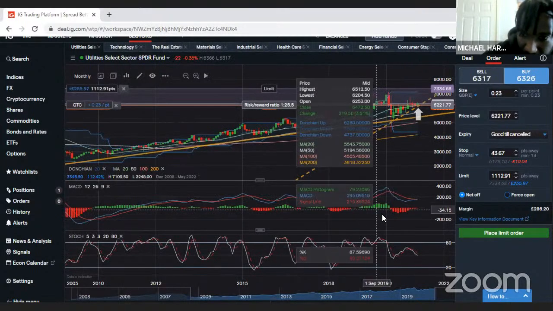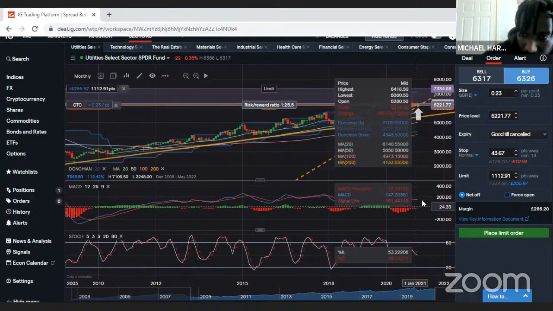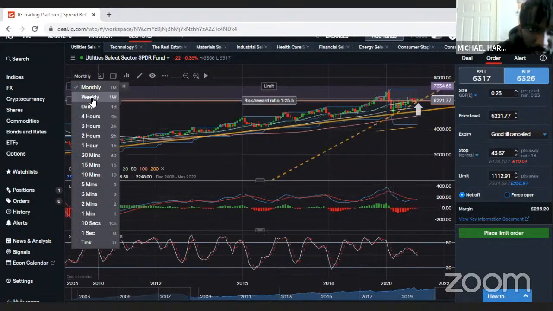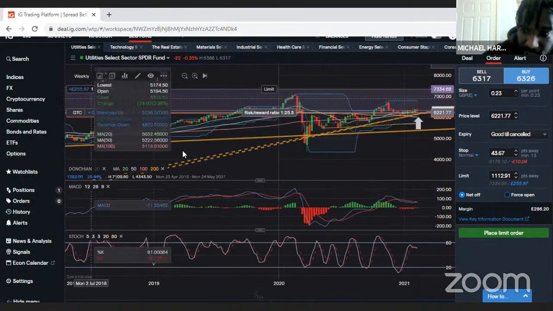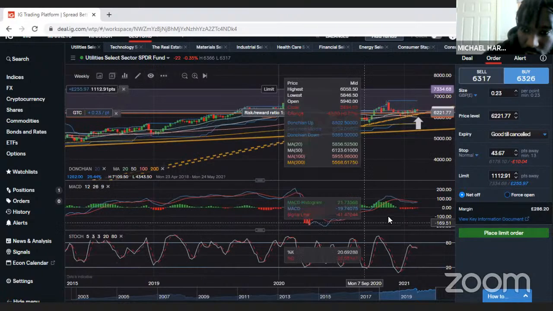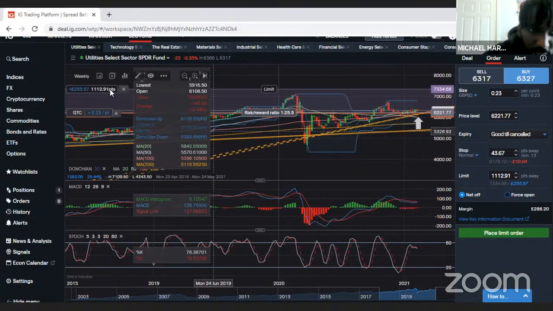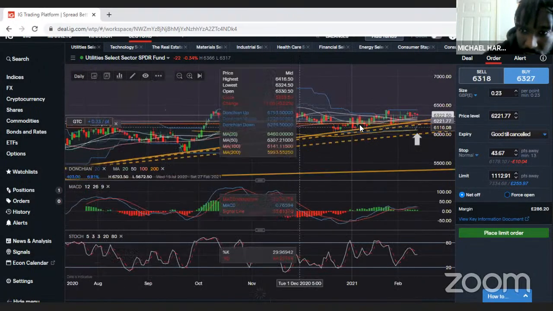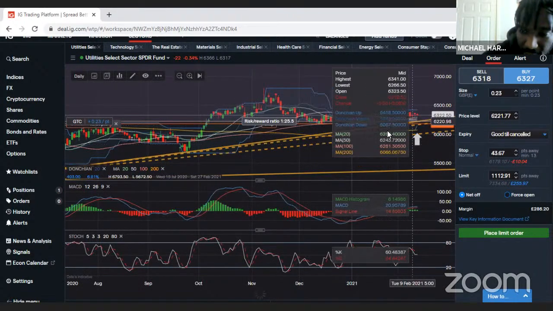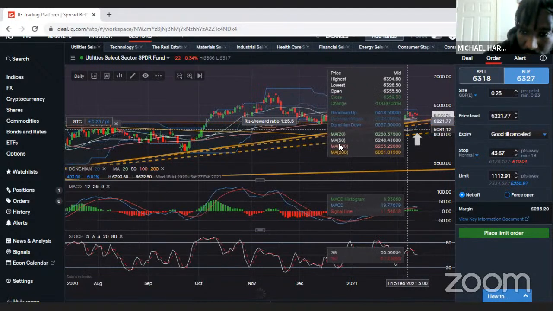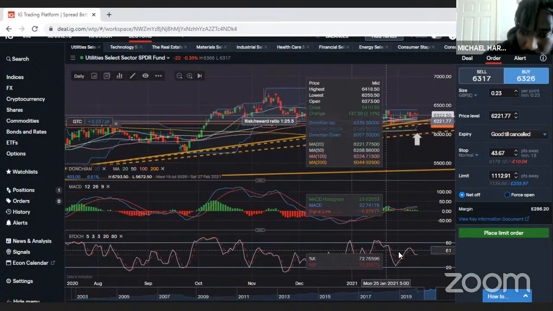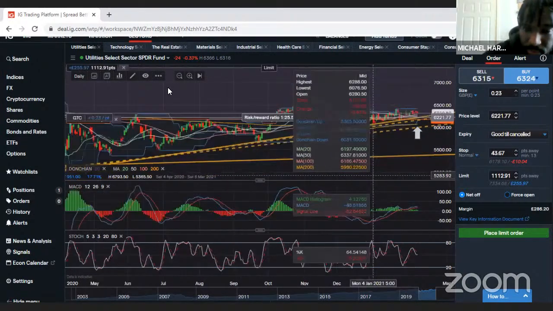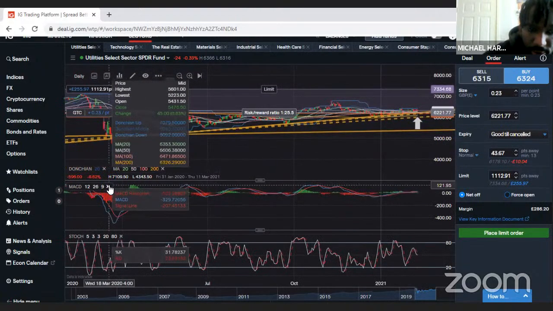Oh yeah, and on the monthly, the MACD is decreasing. Let's just double check that again. MACD is decreasing on the monthly. The weekly is also decreasing. On the daily, all these trend lines, all this action around here. Yeah, it's definitely what I want to see. I like it.